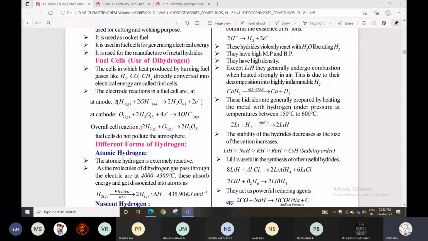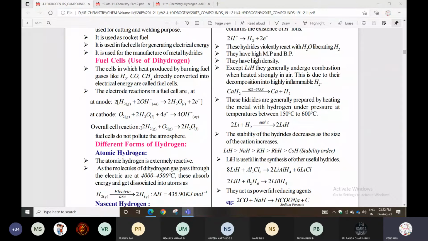So chemical energy is converted into electrical energy like that.